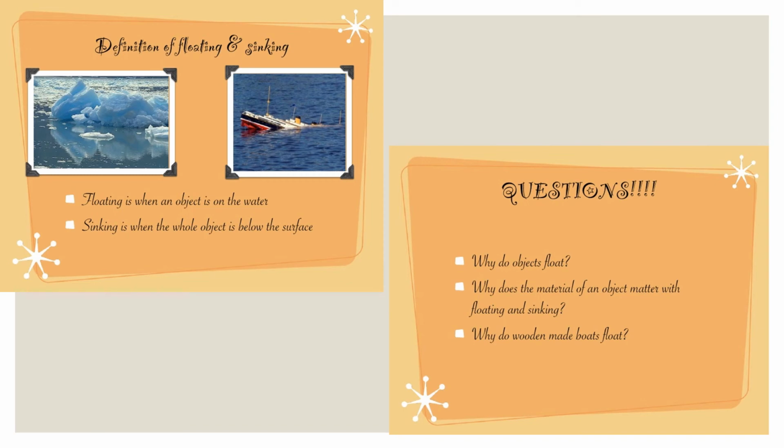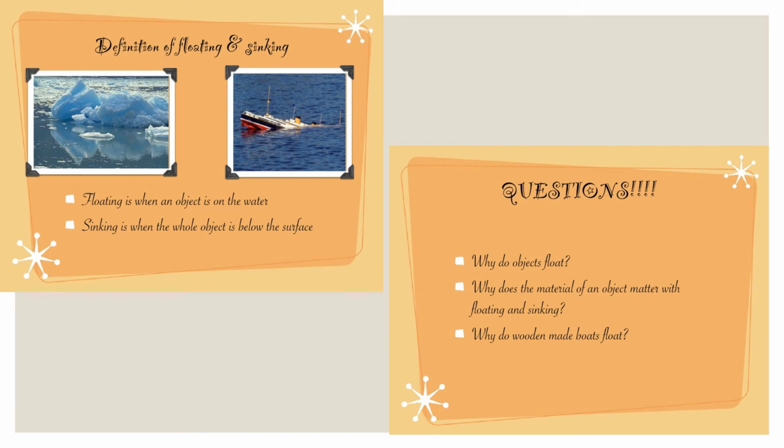Floating is when an object is on the water, but sinking is when the whole object is below the surface or under the water. These are definitions, but the questions are: why do objects float, why does the material of an object matter for floating and sinking, and why do wooden boats float? So this we'll discuss.